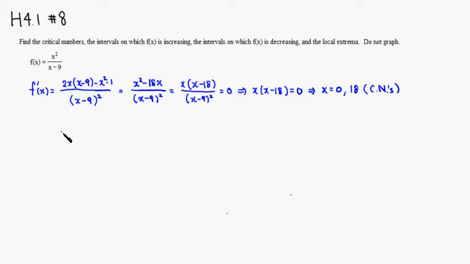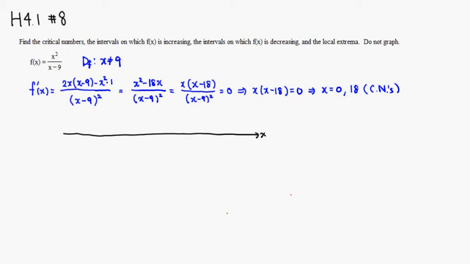Let's draw a number line. The first thing we do is look at the domain of this function. You can see that x equals 9 would be bad because it makes the denominator equal to 0. So the domain of f is all real numbers except 9.